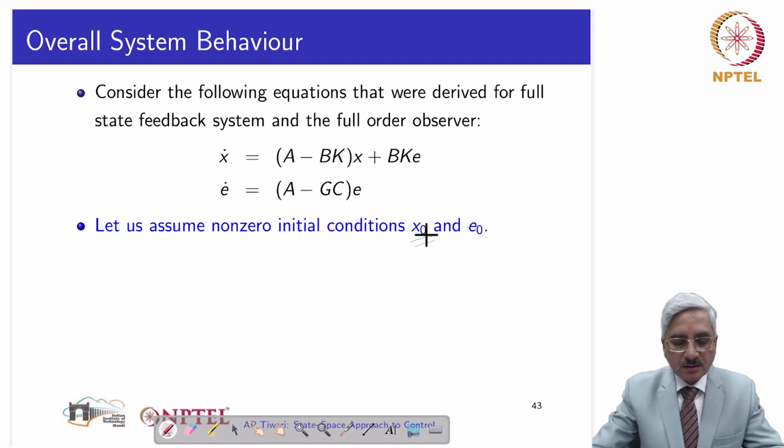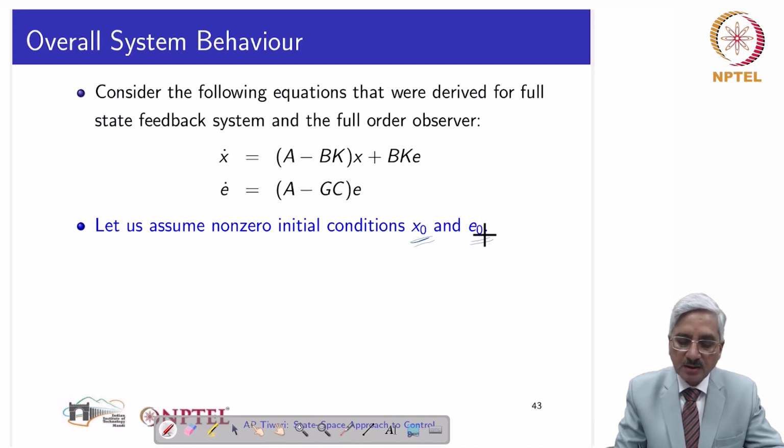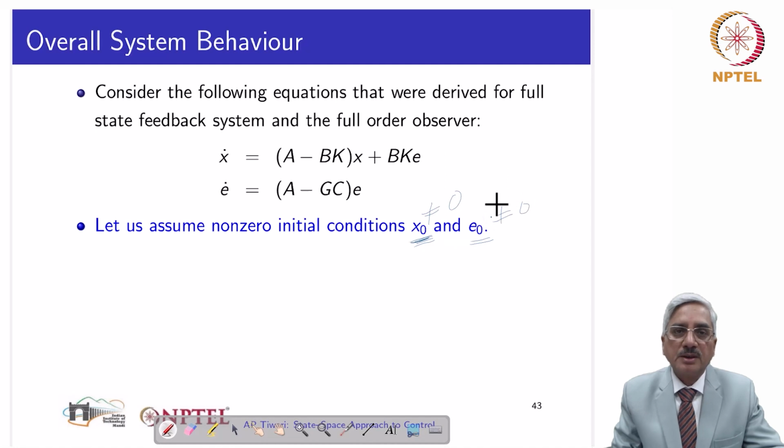The system has a non-zero initial condition x0, and also the observer states are not fully converged, so the error is non-zero. We are assuming that both the initial conditions are x0 not equal to 0 and e0 not equal to 0.